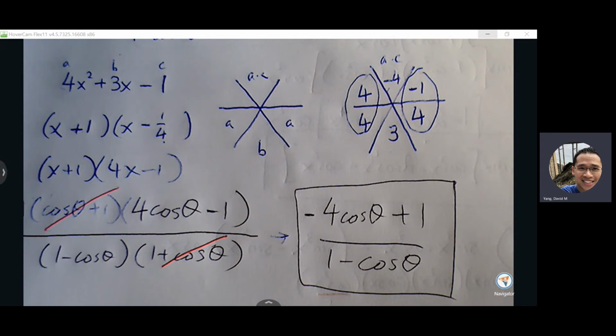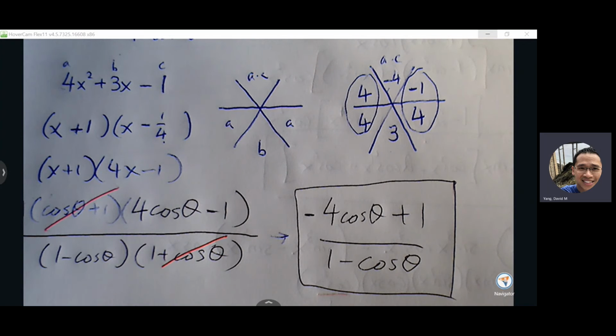You have negative 4, sorry, 4 and negative 1. Yeah, because the negative side doesn't matter to me.